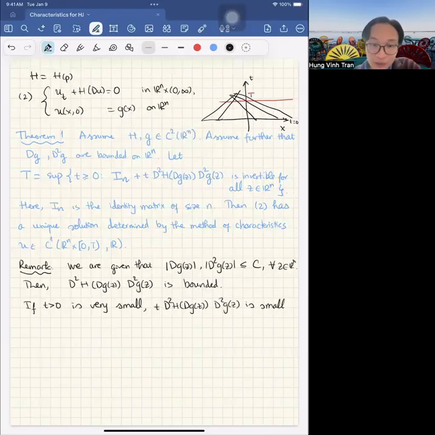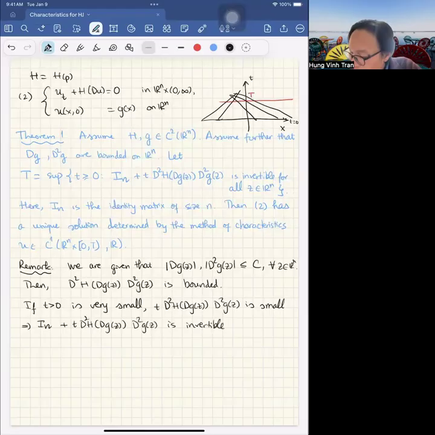So clearly the identity matrix plus some small matrix is invertible for small t.